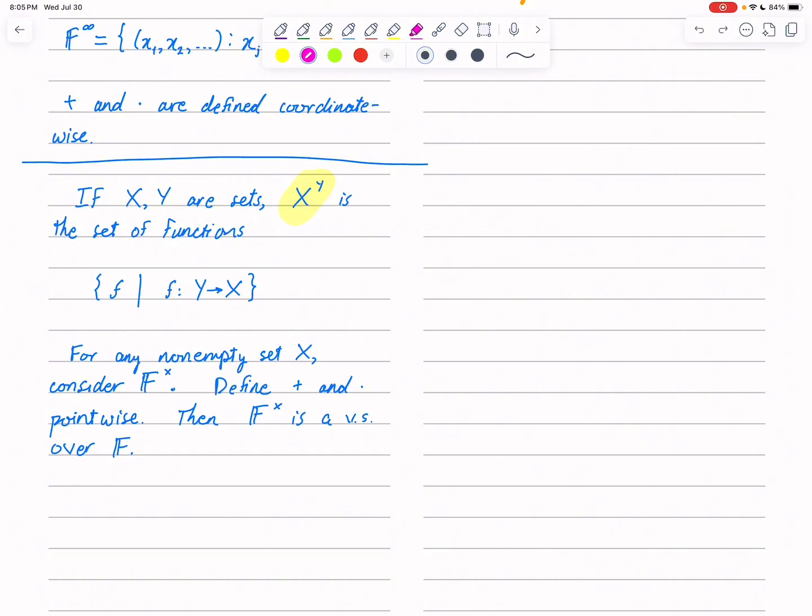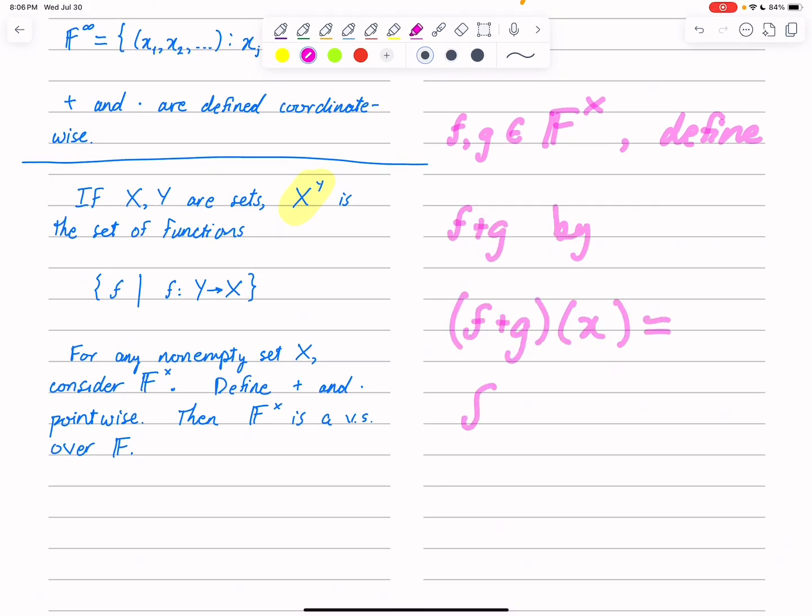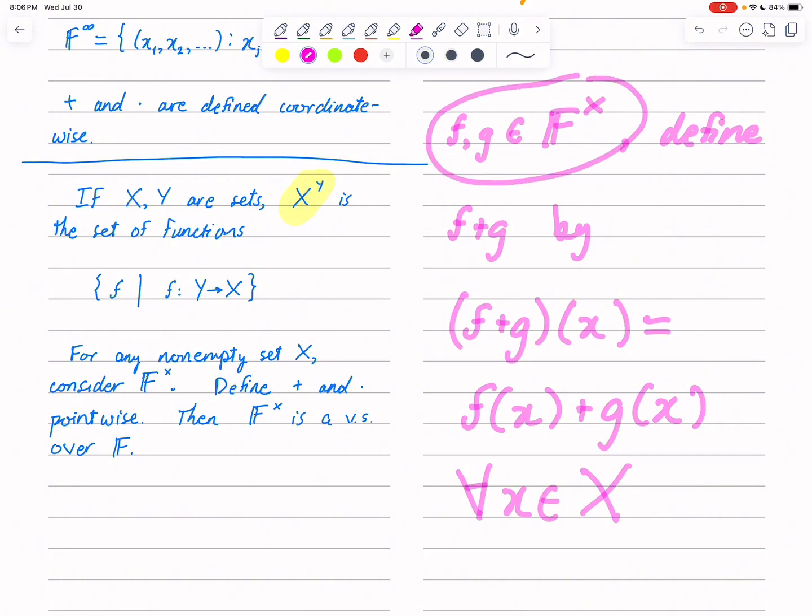And I claim that we can easily make this into a vector space with an appropriate definition of plus and times, in fact, a very natural definition of plus and times. So what if I took some 2 functions from my vector space, where the scalar field would be the field F.